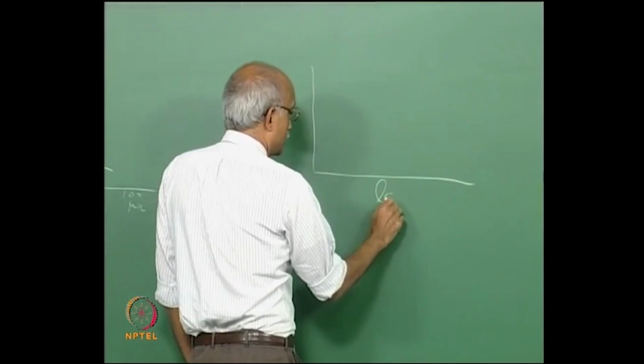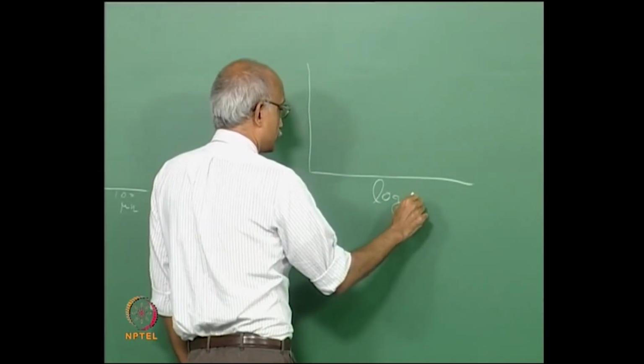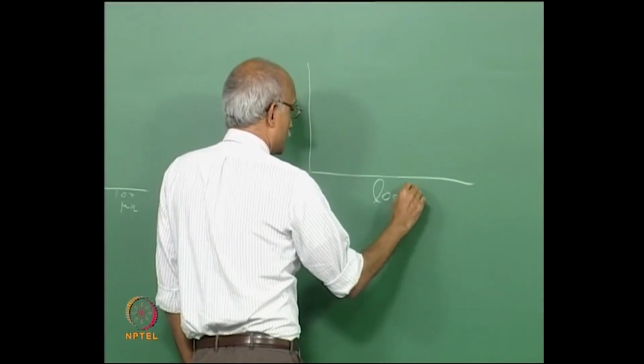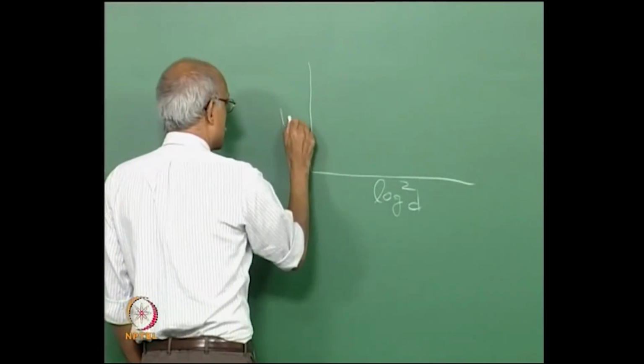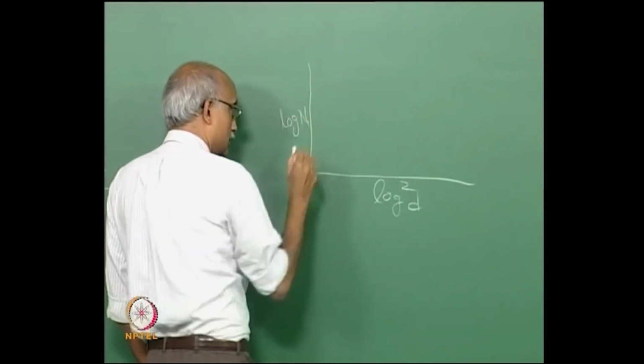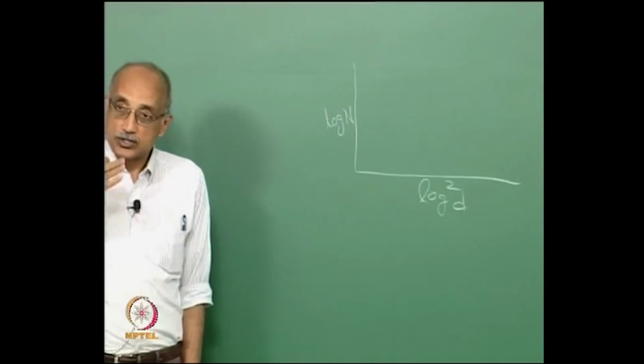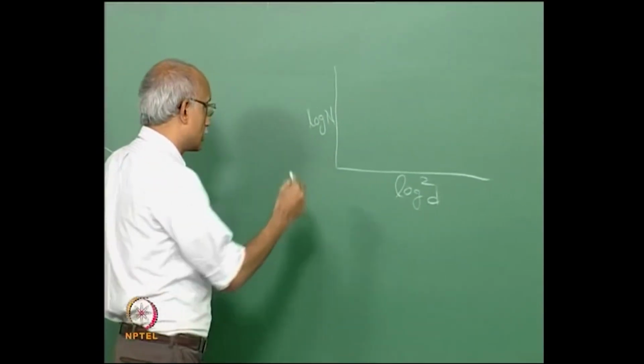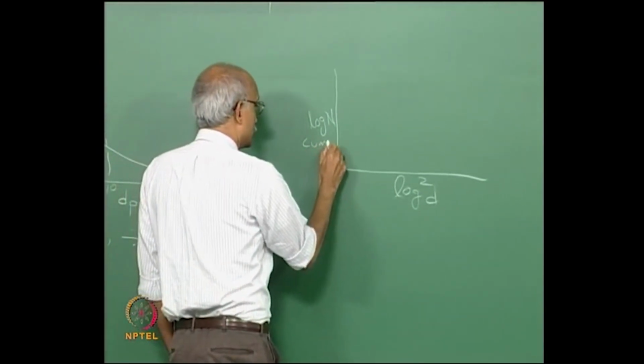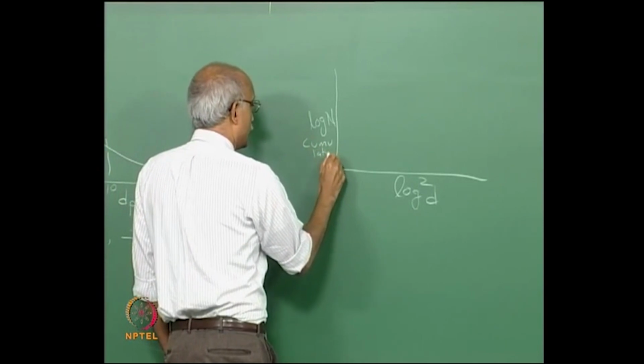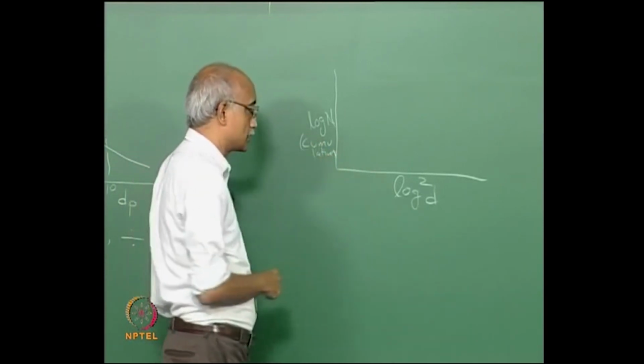So, if I take a surface and let us say I plot the logarithm of size squared versus the logarithm of the count of particles that are larger than that size, this is a cumulative count now. We will look at the difference between cumulative and differential counts later in this lecture.